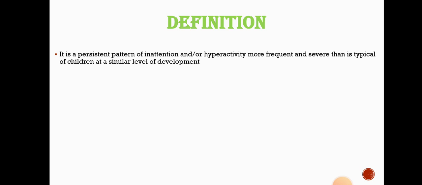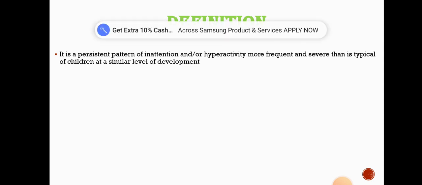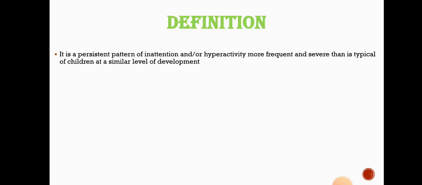For example, in the classroom, they are unable to concentrate on what the teacher says, and they want to move from the classroom to outside, and they cannot pay attention to the teacher. According to DSM-5, this disorder is diagnosed as a neurodevelopmental disorder.